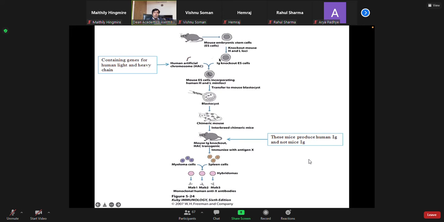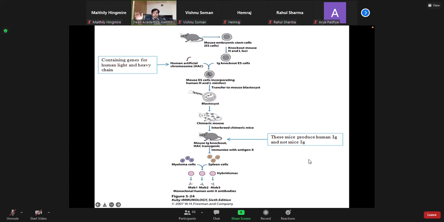Okay. Now, these loci, which have a particular specificity for heavy and light chain, are put into a human artificial chromosome. This is actually a vector, but it can carry very long sequences. Normally, if you use a plasmid, you cannot really clone long sequences, right? And you know, the whole locus for heavy and light chain in a rearranged B cell is quite long. So you basically inject the whole locus.